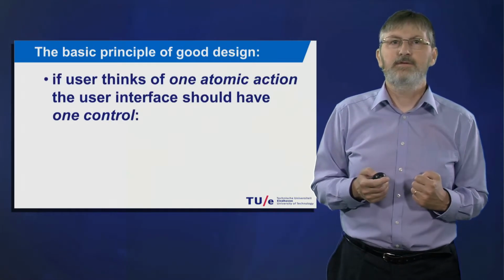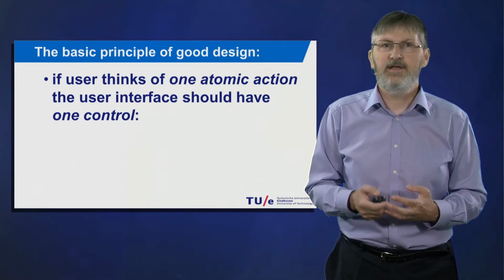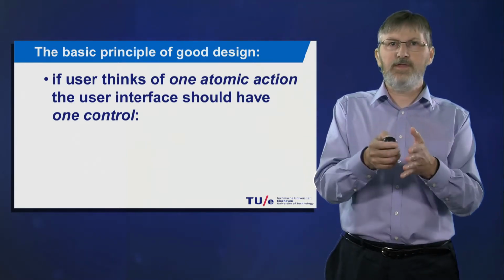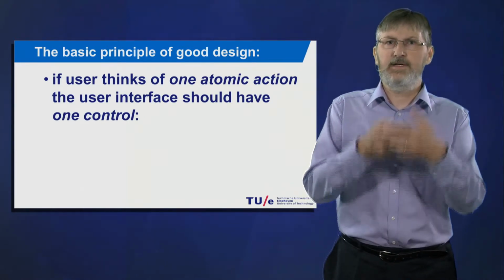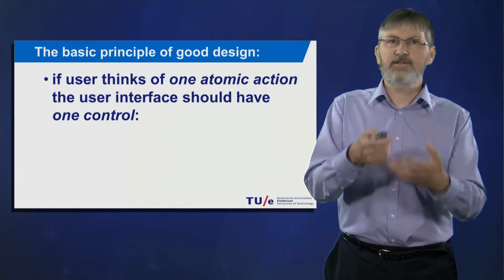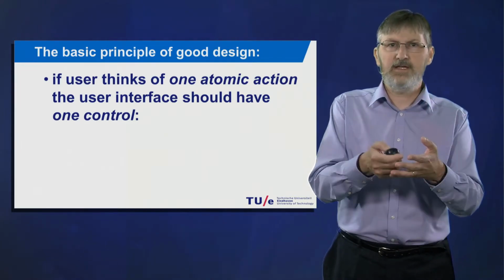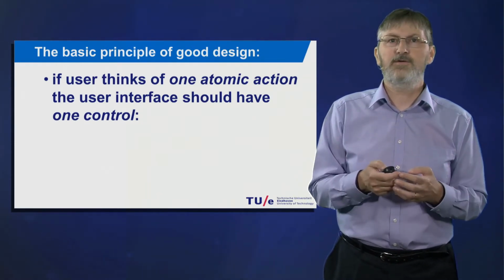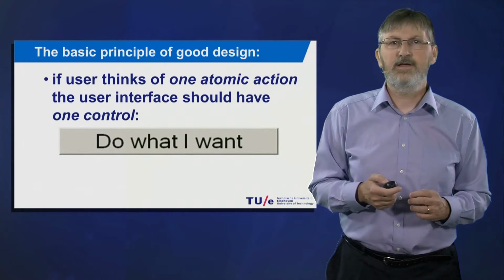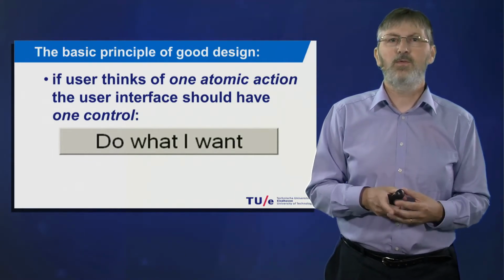I will tell you the basic principle of good design: when the user thinks of an action as being atomic, I press a button, something should happen. It doesn't matter whether the system has to do 100 things. If for me it is one action, then the interface should have only one control. So ideally, an interface could have this button that says, do what I want.